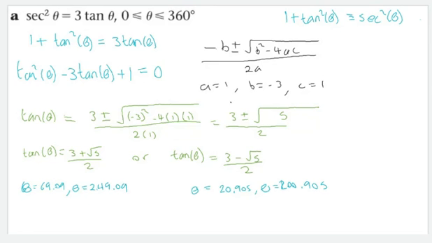So, Asha, how did you get these answers? On the calculator, I did the graph thing, and on the graph thing I put in tan x on the first one, and then on the second one I put in the equation, and then you press intersect, and it tells you the points.